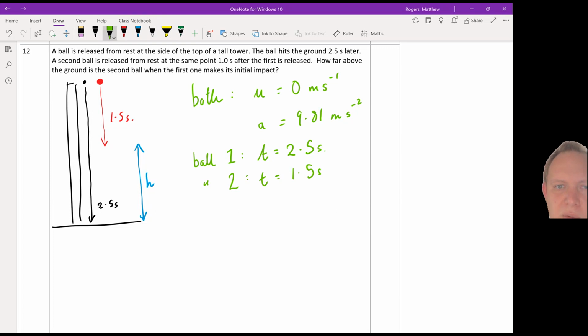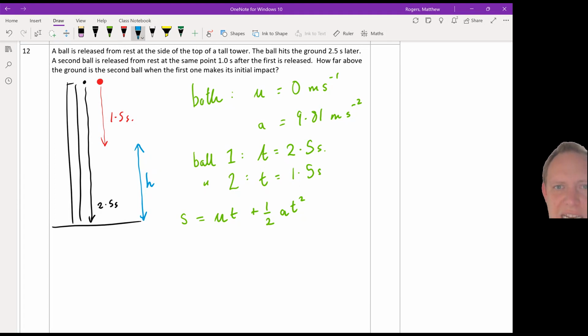You can see for both we've got u, a, and t. So the equation that we should be expecting to use is S equals ut plus half at squared. There's various approaches here. One way is to find the height of the tower and then work out for the second ball.